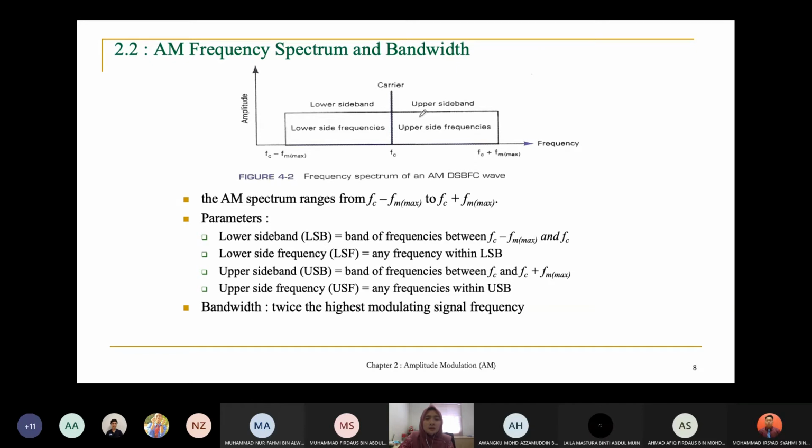The upper side band is a band of frequency between Fc until Fc plus Fm max, and the upper side frequencies are any frequencies within the upper side band. This also shows why the bandwidth is twice the highest modulating signal frequency: B equals 2 Fm max.